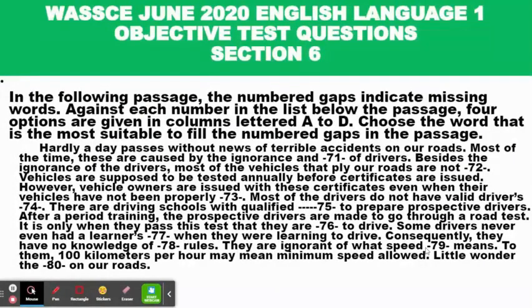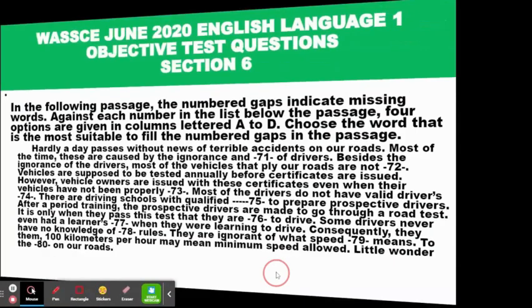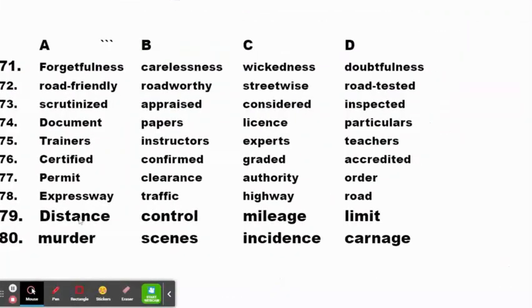They are ignorant of what speed dash mean to them. And then we have 79. You talk of speed limit, of course, let's go through the options in 79. A, distance. B, control. C, mileage. And D, limit. D is correct, speed limit.